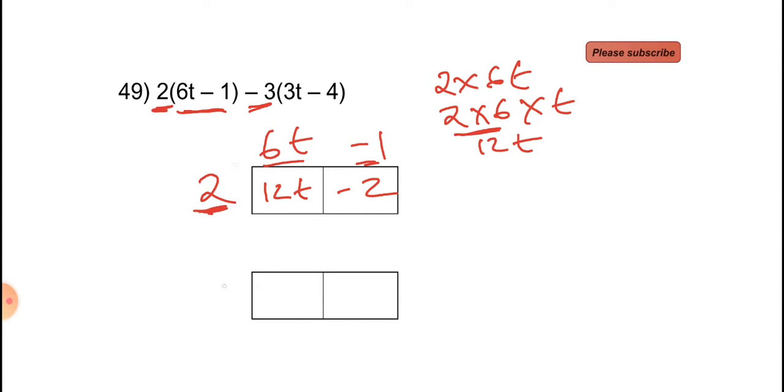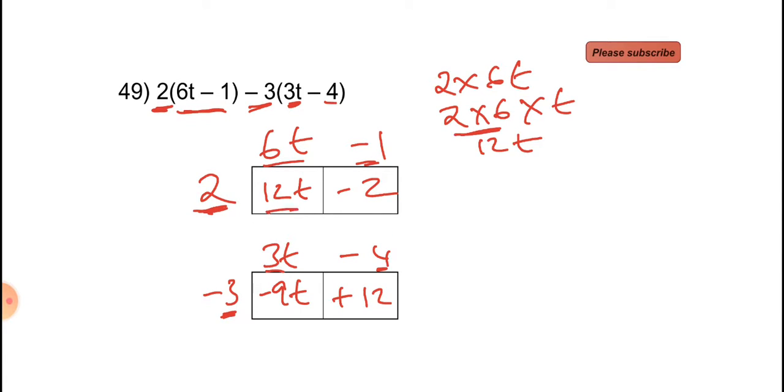Now here I can see minus 3 outside the bracket, so that comes here, and the 3t will go here, and that minus 4 will come here. So minus 3 times 3t is minus 9t, and minus 3 times minus 4 is plus 12.